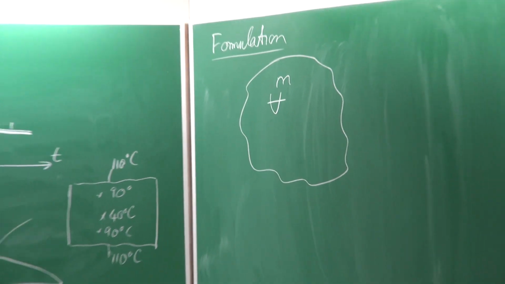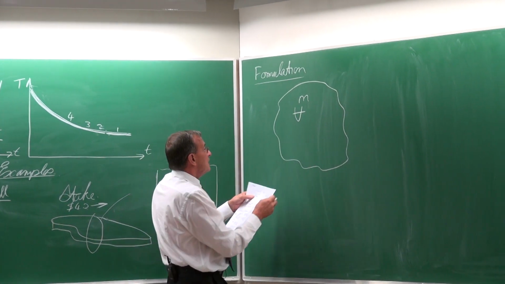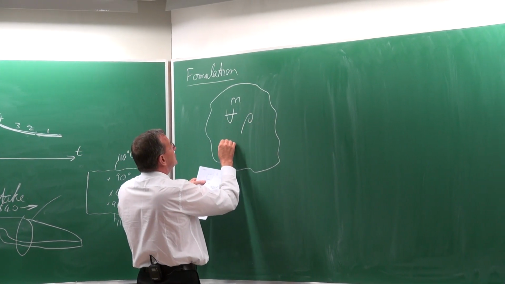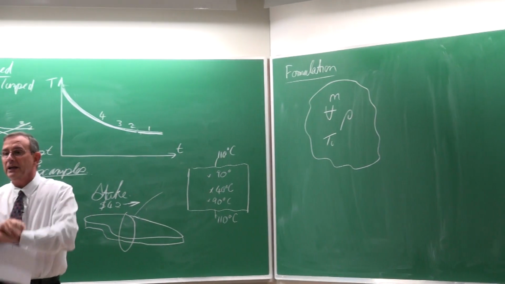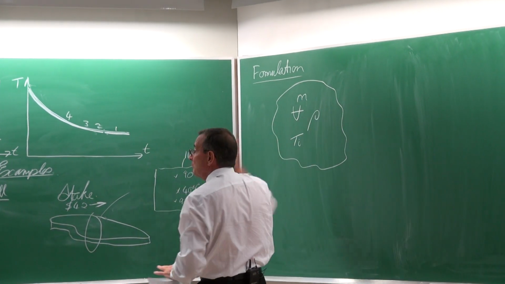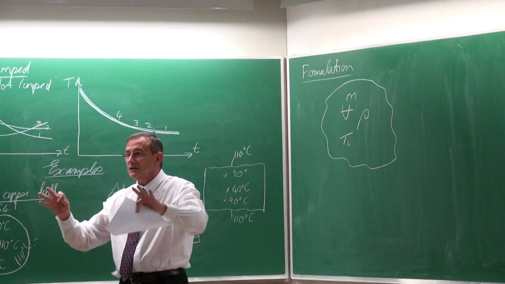So that is why I use that V, and this is then for volume. Certain density, and the body is at a temperature Ti everywhere inside the body. So it's uniform and it's a lumped system. So all the temperatures on the inside is the same.